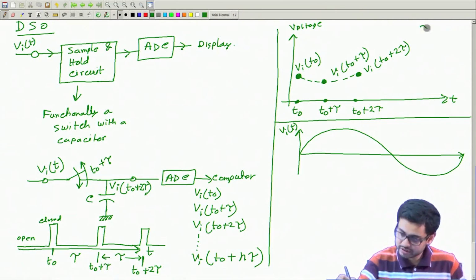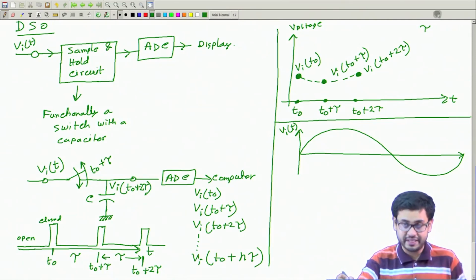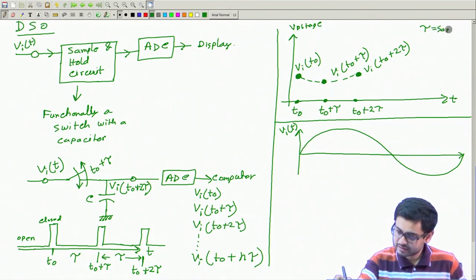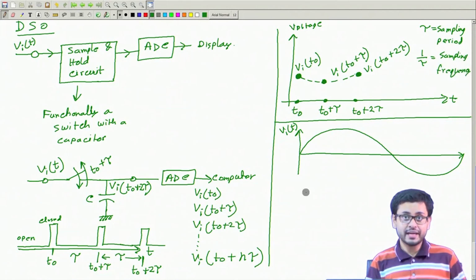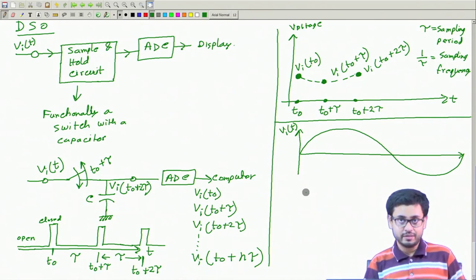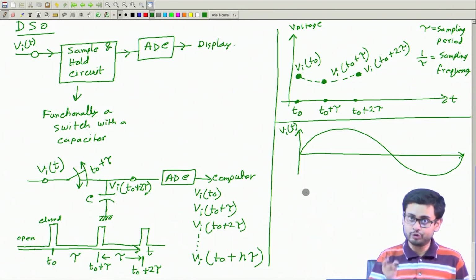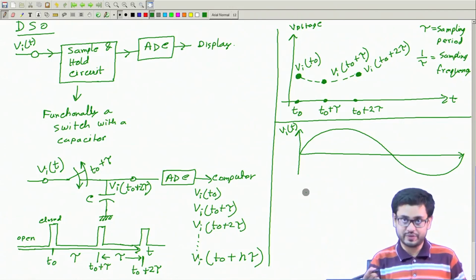Tau is called the sampling period, and 1 over tau is called the sampling frequency. Why? Because as if we are taking sample measurements of the input voltage at that frequency.